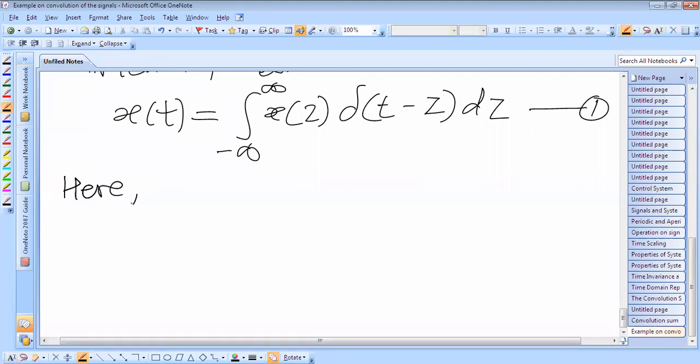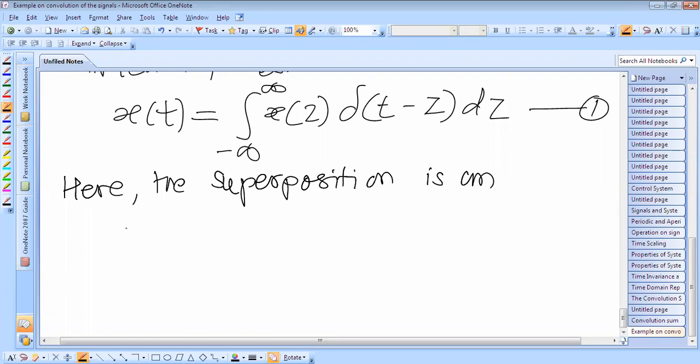Okay, we can write here the superposition is an integral instead of sum.